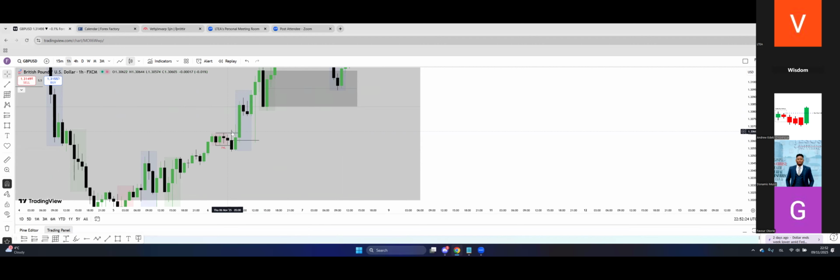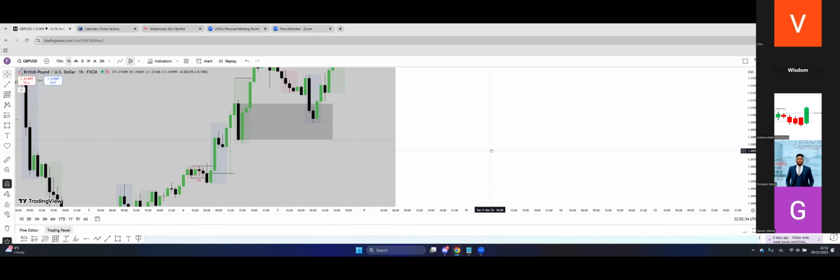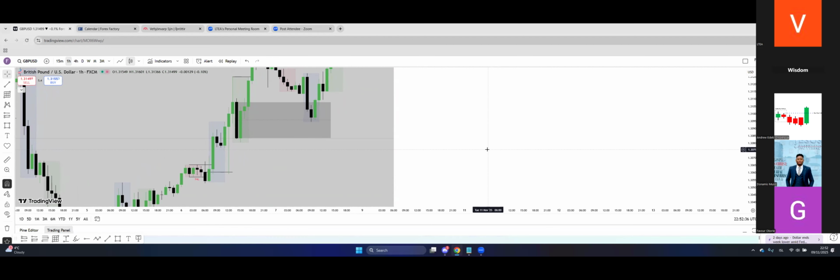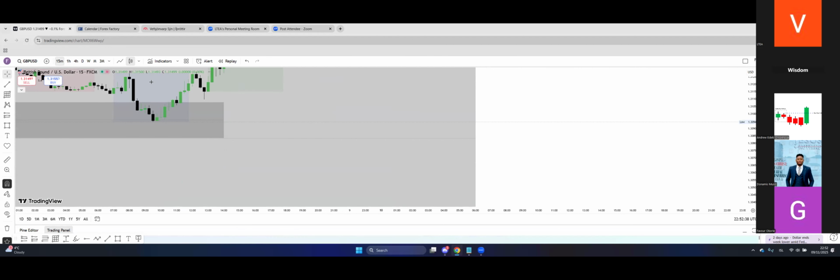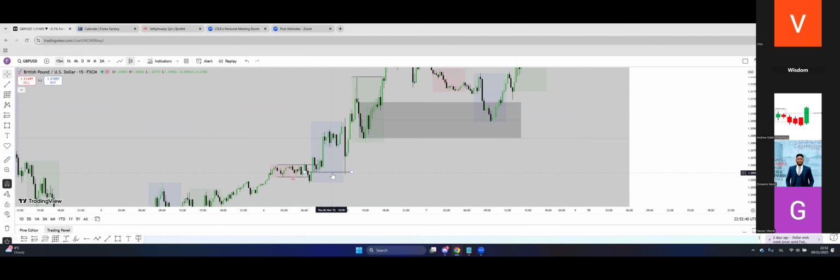Liquidity, price change the state of delivery. This is just 1 hour. So you can mark this area out, whether from here, immediate or later on. It all depends. It doesn't matter. Go to the 15 minutes time frame. Now you have it here. It all depends. It doesn't matter. It's the same.